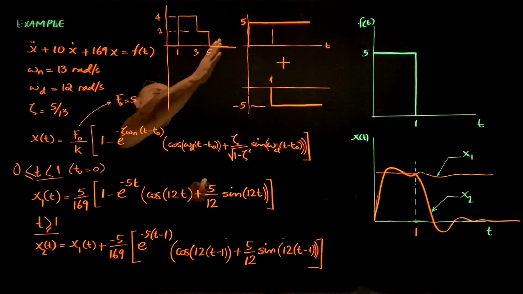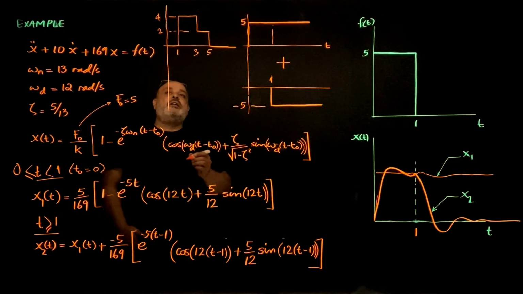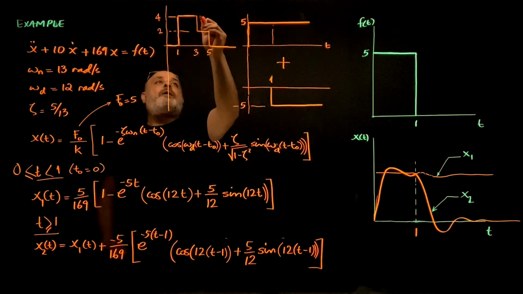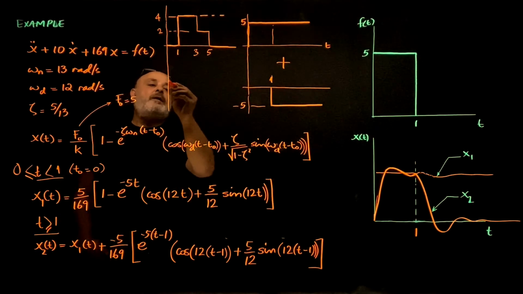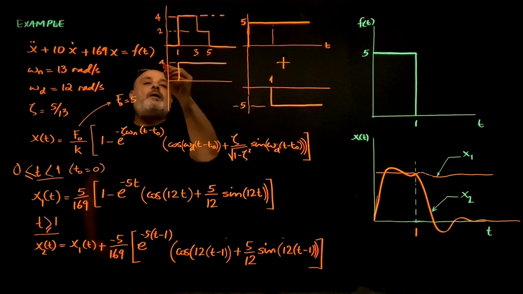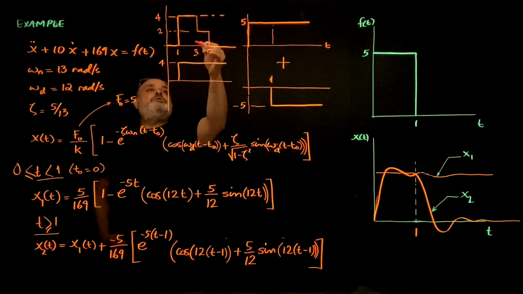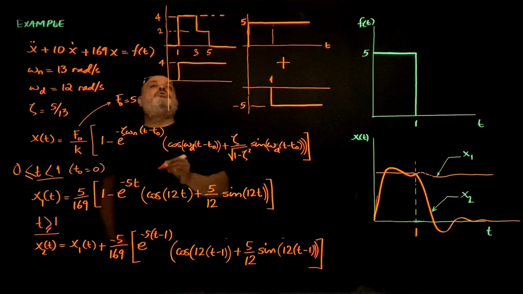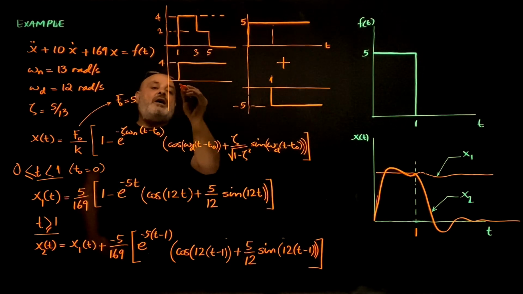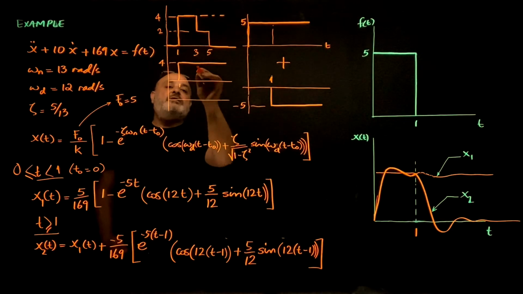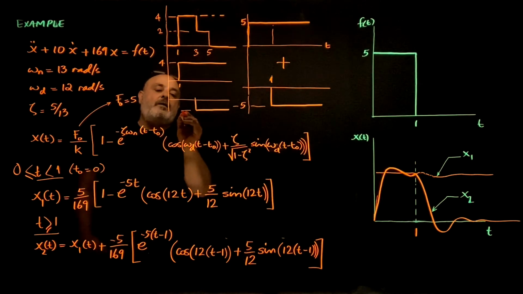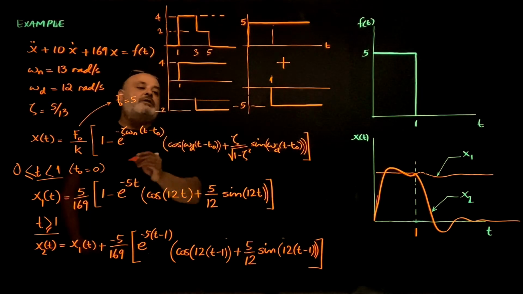To generate this profile, I will have to add first a step of magnitude 4 at time t equals 1. Then to drop down 2 steps at 3 seconds, I will add a negative step of magnitude negative 2.